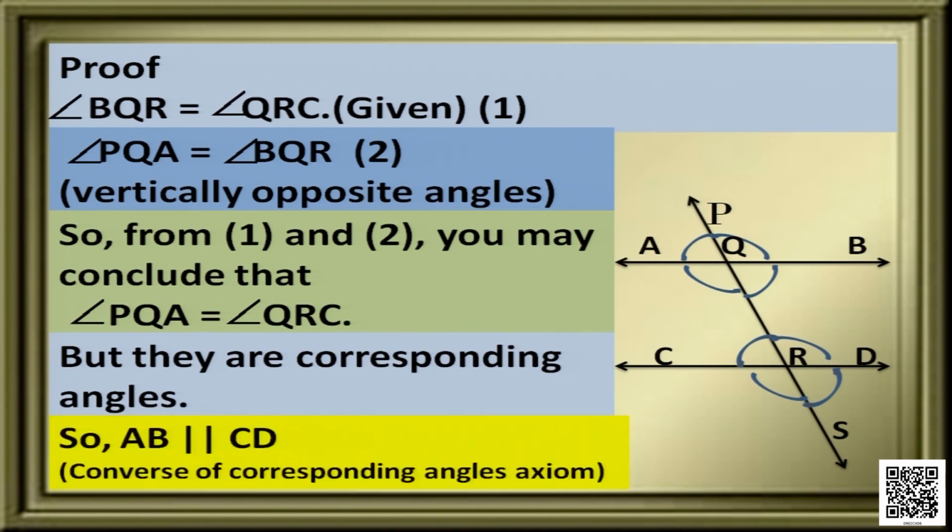So, AB is parallel to CD, because in converse of corresponding angle axiom, this is given. So, if it is given that two alternate interior angles are equal, we can prove that the lines are said to be parallel. Now, let us have another theorem.